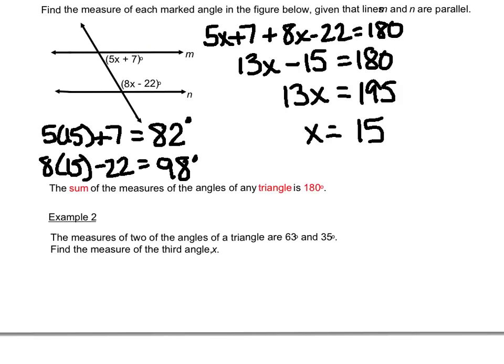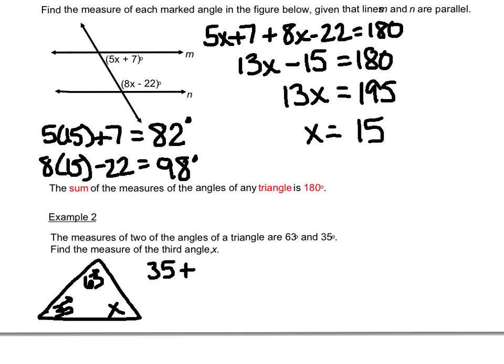Remember that the sum of the measures of the angles of any triangle is 180 degrees. So in example 2, the measures of the two angles of a triangle are 63 and 35. So we'll say this is 35, and we'll say that's 63, and they're degrees. Find the measure of the third angle, x. So we know they all have to add up to 180.